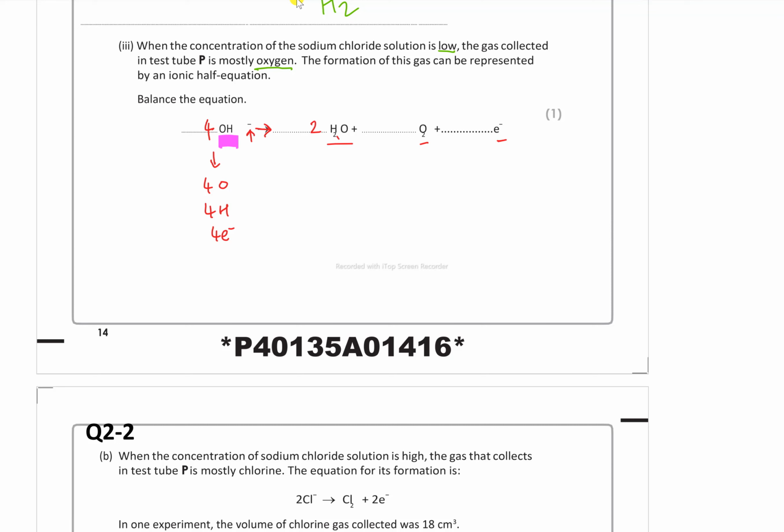Yeah, so let me just rub everything out to make it less chaotic. Right, on this side, you've got 4 hydrogens, and 4 oxygens, and we've only got 1 electron at the moment, so we put 4 there. So now the charge is balanced as well. There you go.